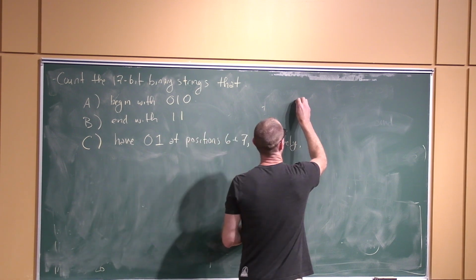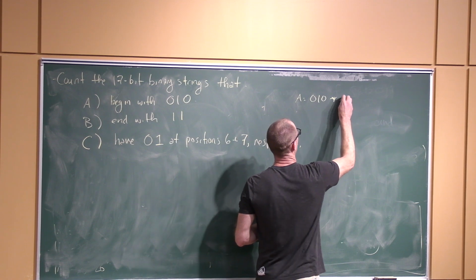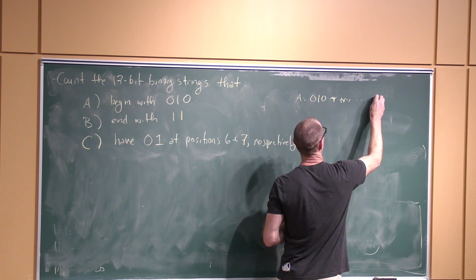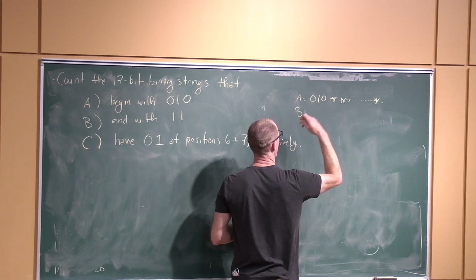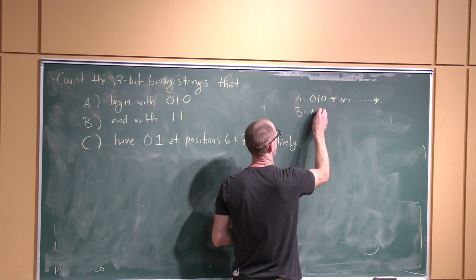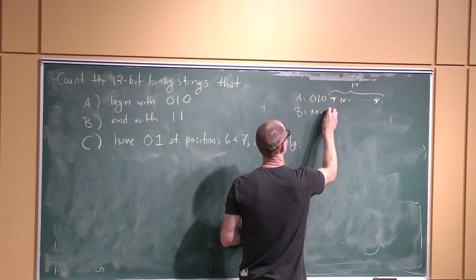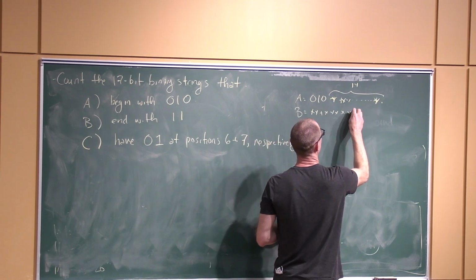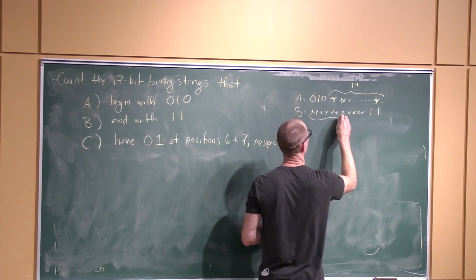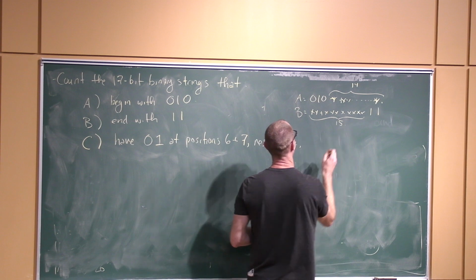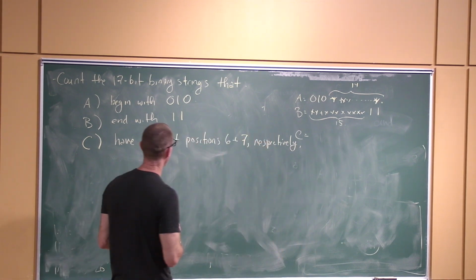Okay, so the A strings, you know what they look like, 0, 1, 0, followed by 14 of whatever you want. The B strings start with 15 of whatever you want, and they finish with 1, 1. It's 15 of those.